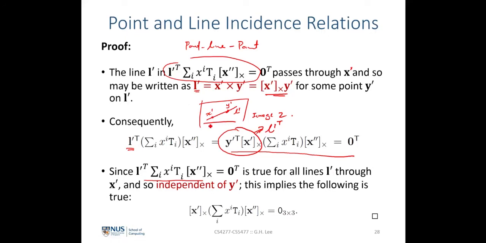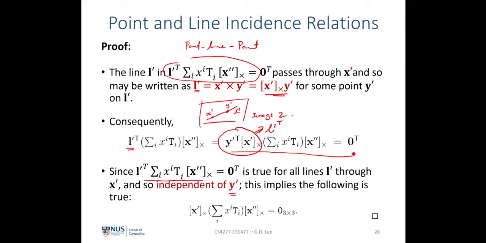And so this means that this particular equation, which represents the incidence relation of point, line and point, where the line is being represented by the cross product of any 2 points that lie on this line L prime, is independent of the second point on the line, which we call y prime over here.